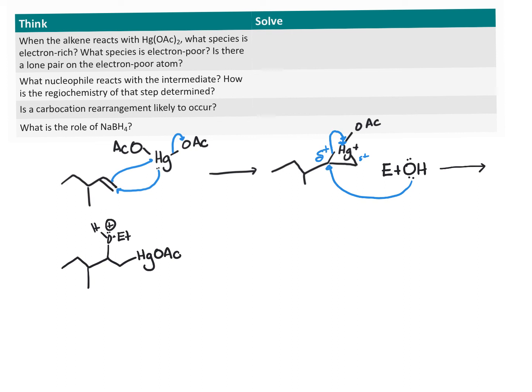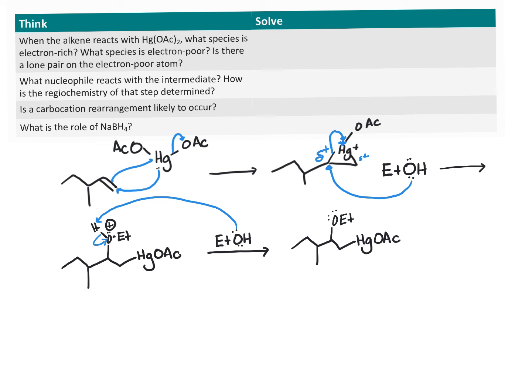The ethanol again is going to do that. So it's going to come over here. It's going to grab that proton. Those electrons are going to go there, and we get right there.